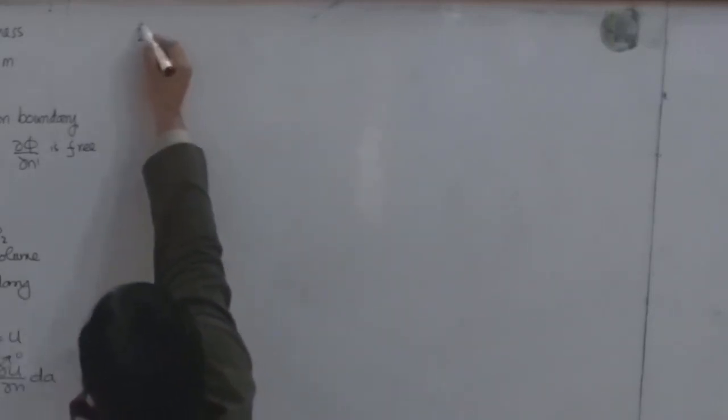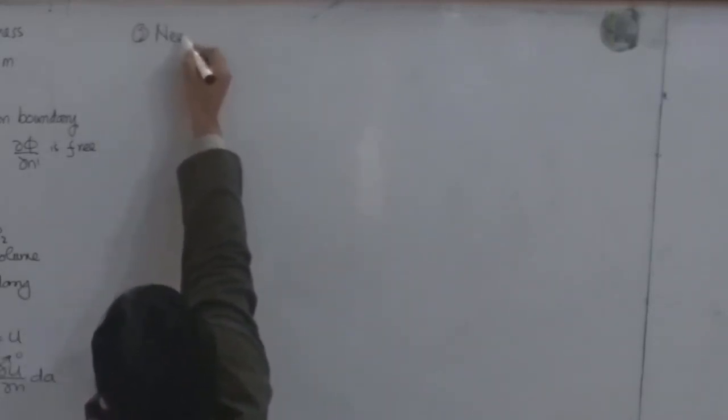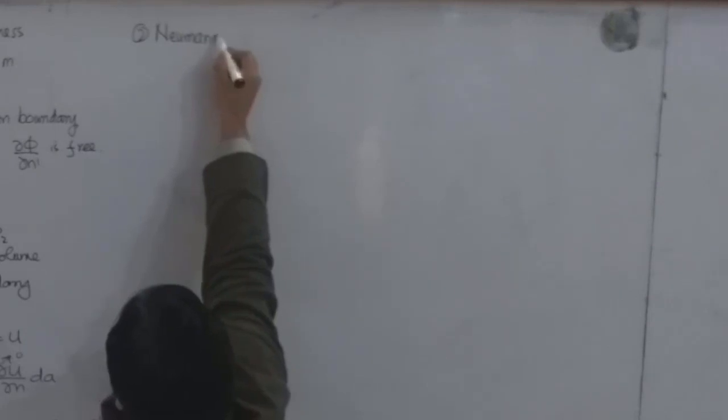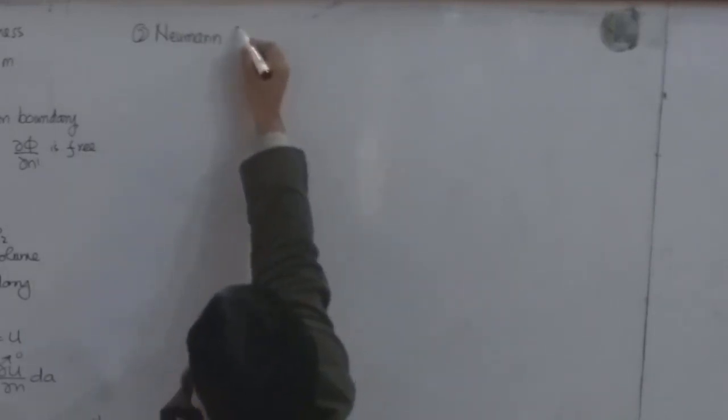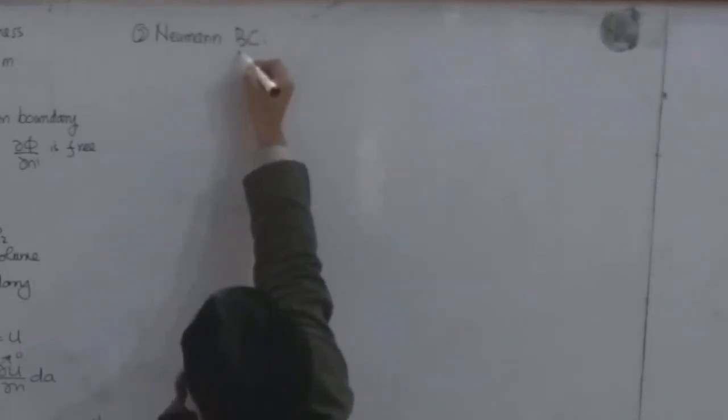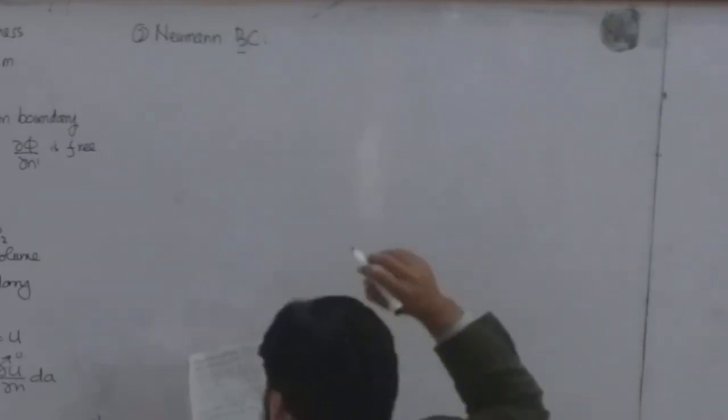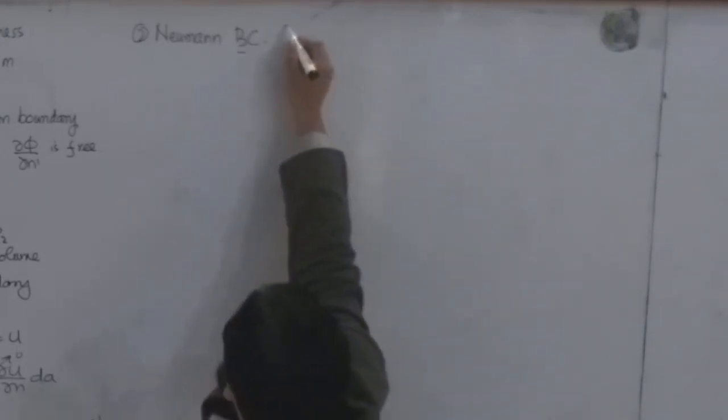Okay, and now with the same logic, we can write the Neumann boundary condition as well. So what we do in the Neumann boundary condition is specify the electric field on a boundary.